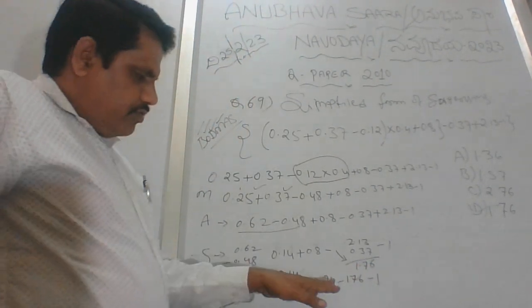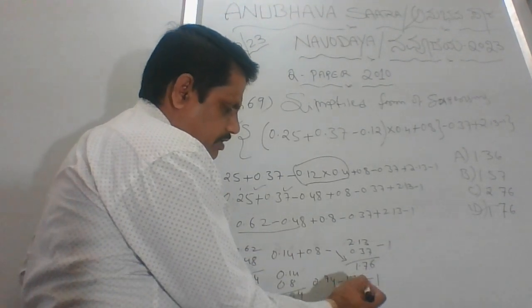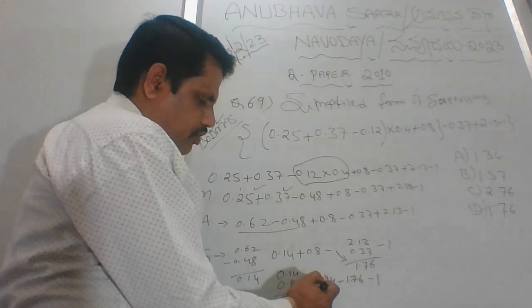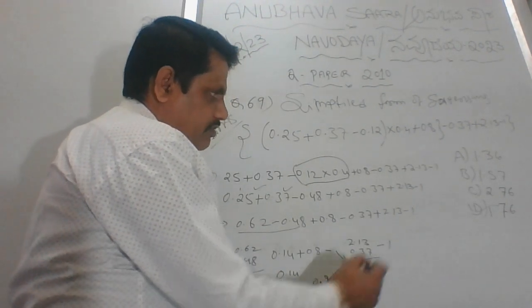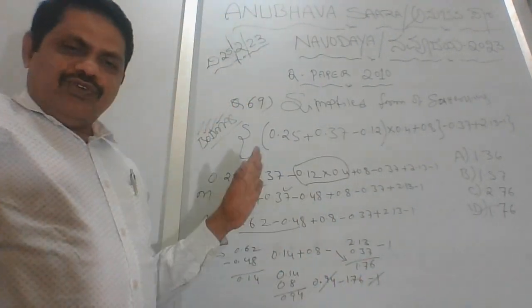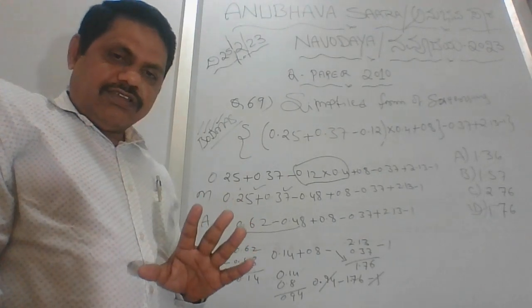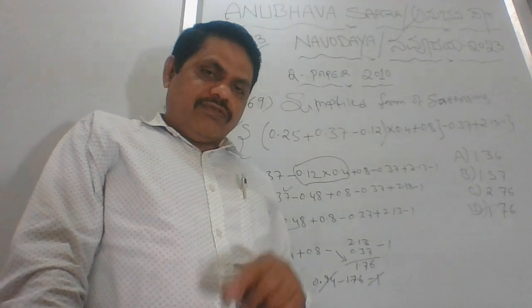Clear? So 0.94 minus 1.76 minus 1. Now 0.94 is less than 1, so we can call it as 1, here also 1, and 1.76 is the remainder. Clear? So the formula never changes, and whatever they have made the questions, they have done in a proper way.